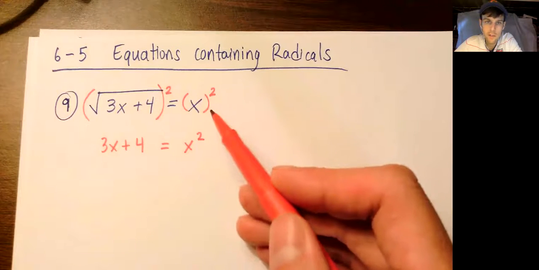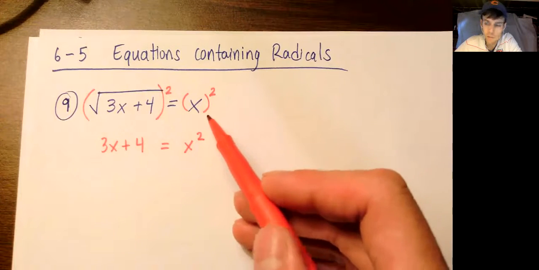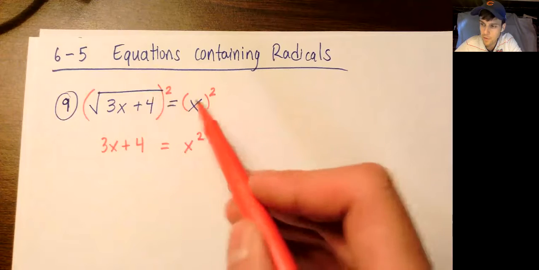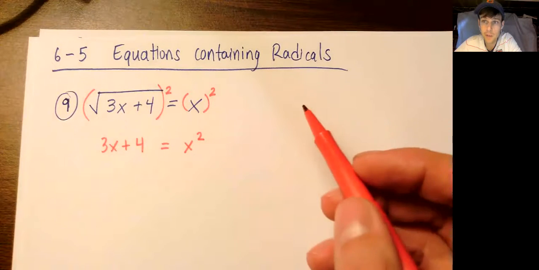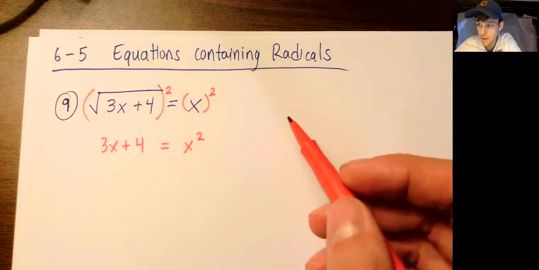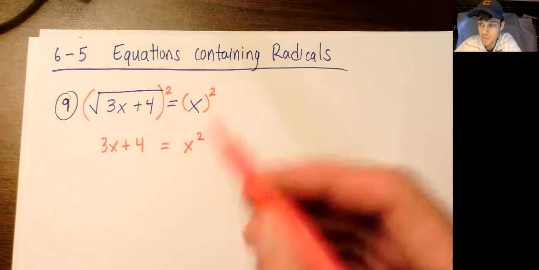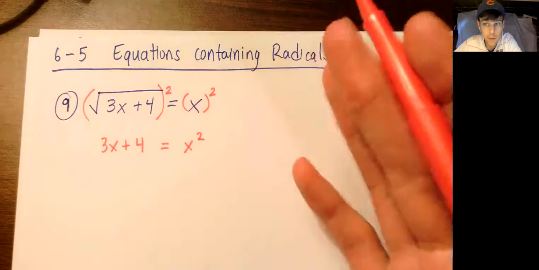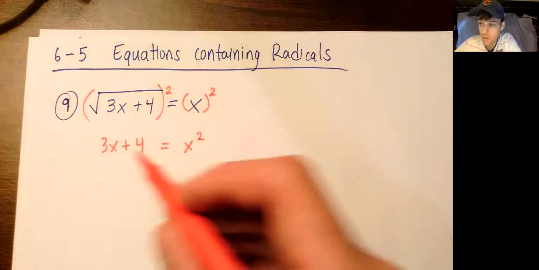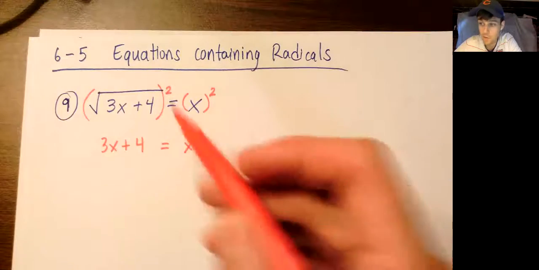When you do this to solve an equation, you have to be careful. Anytime you raise both sides of your equation to a second power, you introduce possible extraneous solutions, so solutions to this equation, but not to the original one. But you're not getting rid of any solutions. So whatever you get here is a possible solution to that original one.